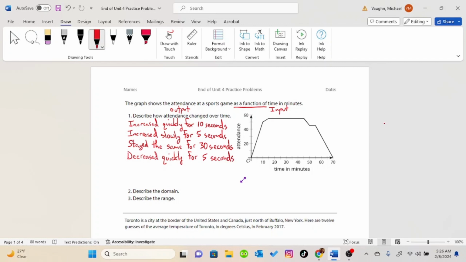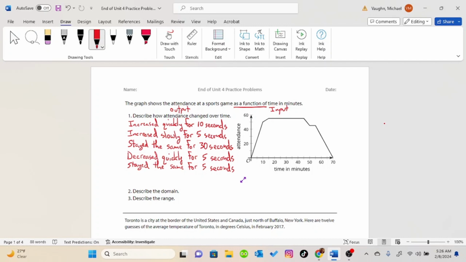Then we see this little line segment where it's flat again. So that means it stayed the same for about 5 seconds. And then at the end, we see it decline steeply again.